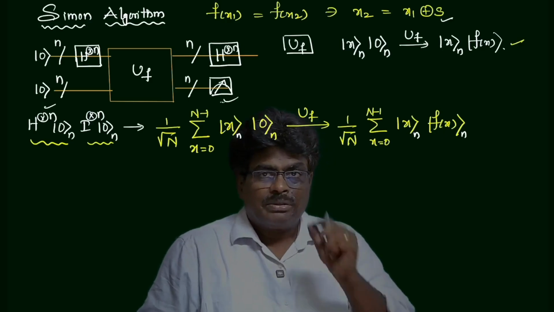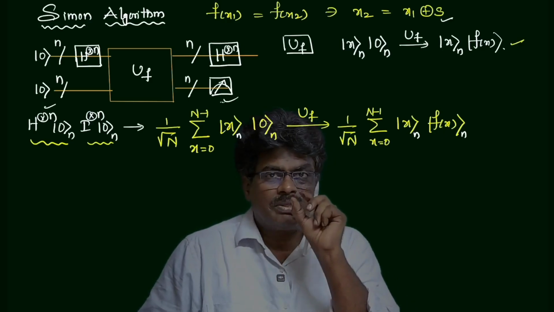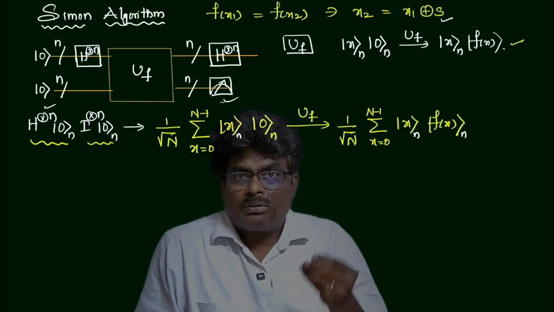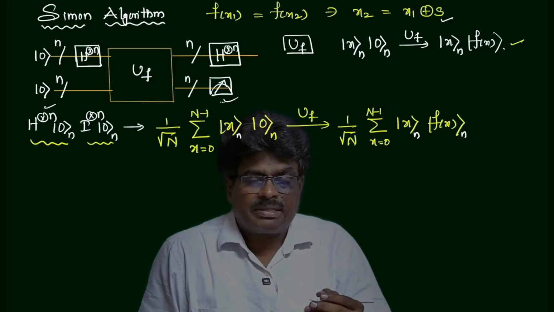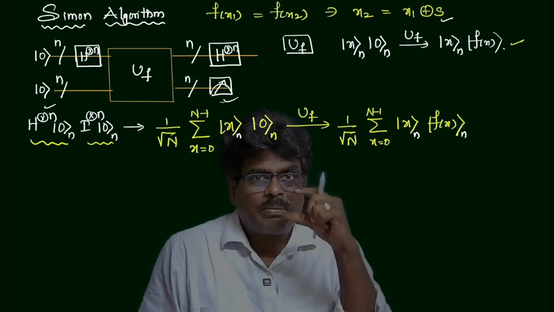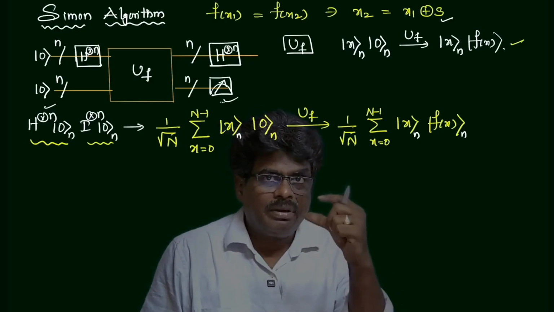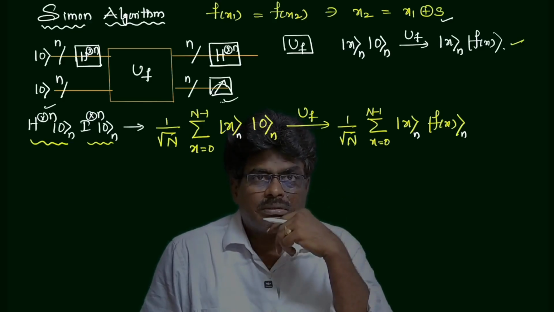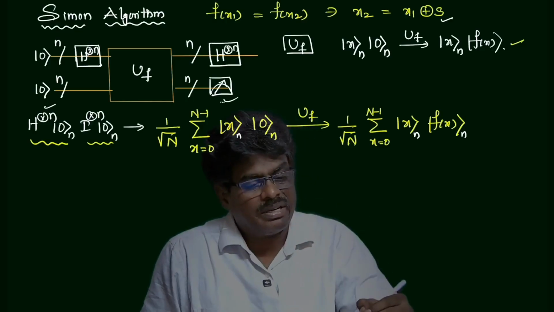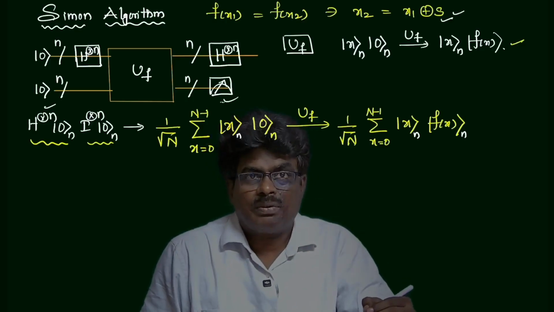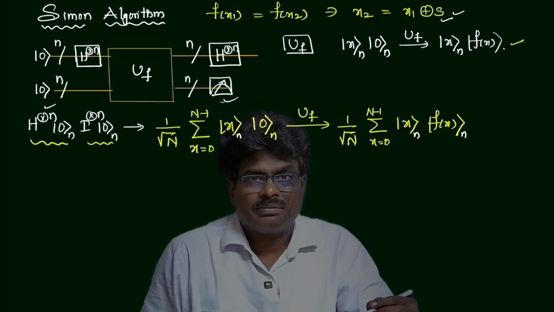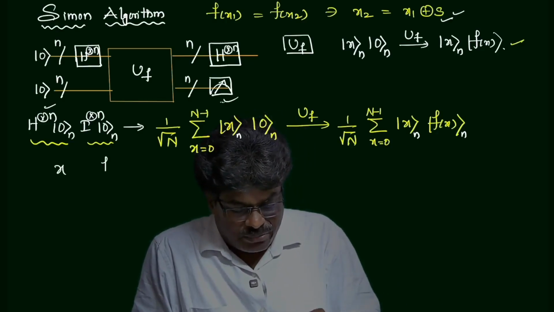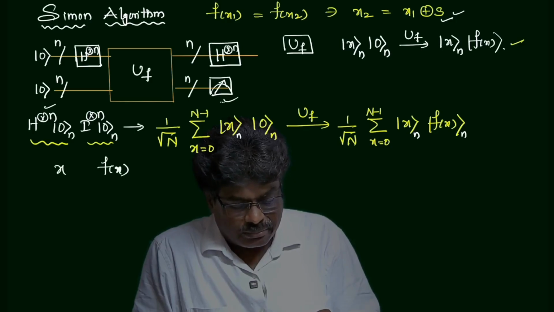Now, this is very important. Now go back to the tabular form we have already discussed. Remember, two arbitrary inputs have the same output, but those two inputs have this relation, x2 equals x1 XOR s. That is what we have to find, that s. Here I am taking that tabular form, x and f of x.